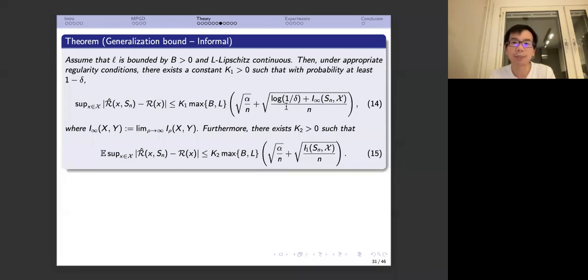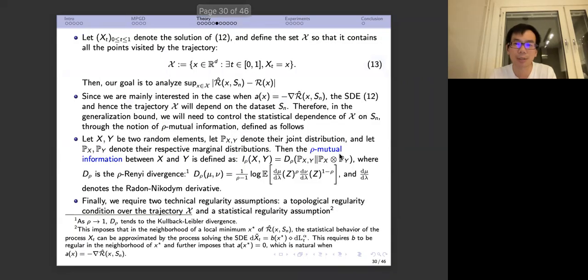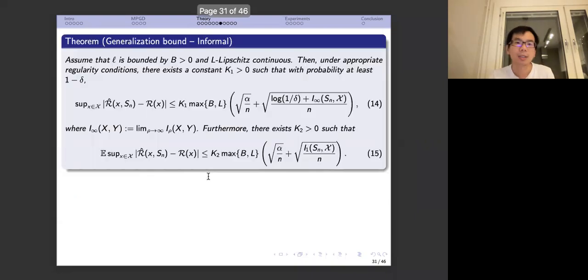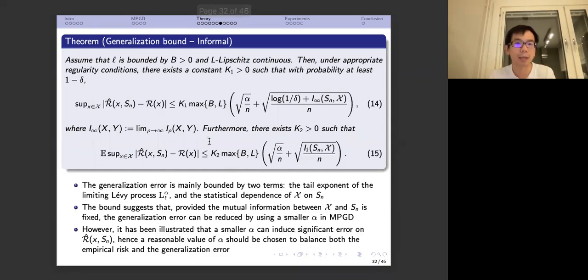This bound depends on R infinity, which is the limit as rho goes to infinity of the rho mutual information, defined here. This is a very nice way to connect MPGD to heavy tail processes and then study the generalization properties.